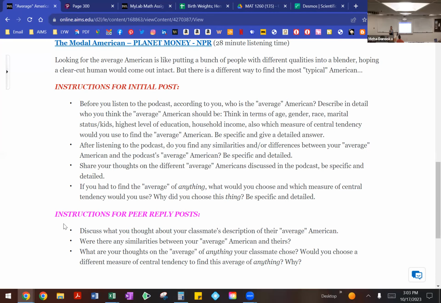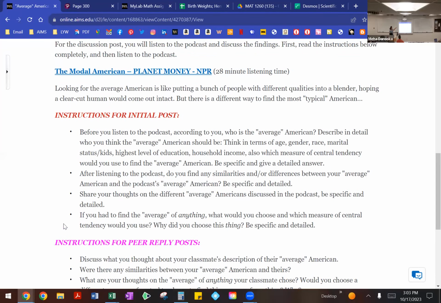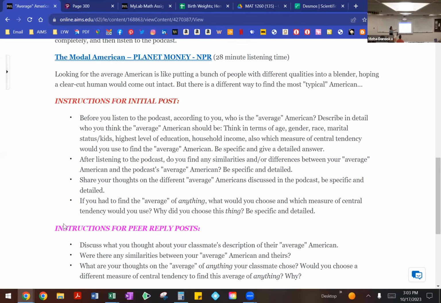So before listening to the podcast, and you will see there's the link for the podcast there, but before listening to the podcast, based on that first bullet point under the instructions, think about what your average American is going to be based on their age, race, gender, married, kids, level of education, how far they have gone, what their household income would be. And what measurement would you use out of mean, median, mode, mid-range? So how would you calculate your average American?